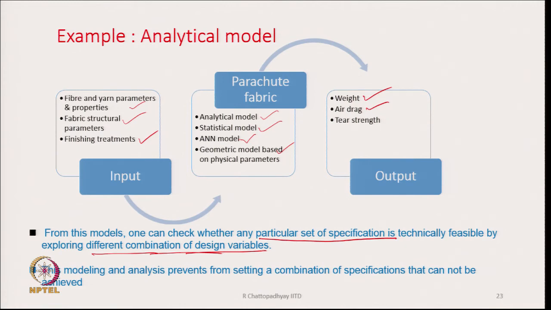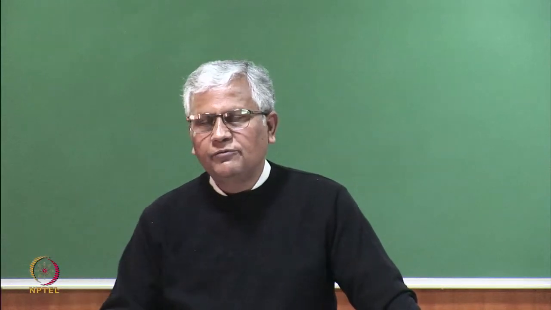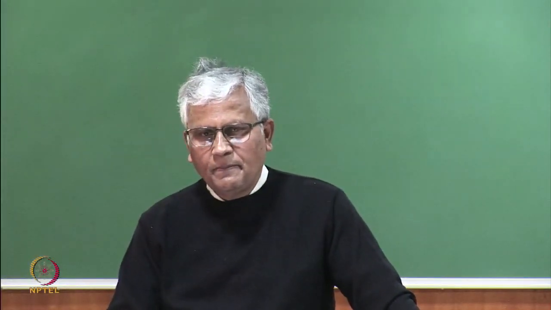This may sometimes happen. As an extreme example, suppose I say I need a very strong yarn, let us say 40 gram per tex, an extremely strong yarn, or 30 gram per tex, whatever values are specified.